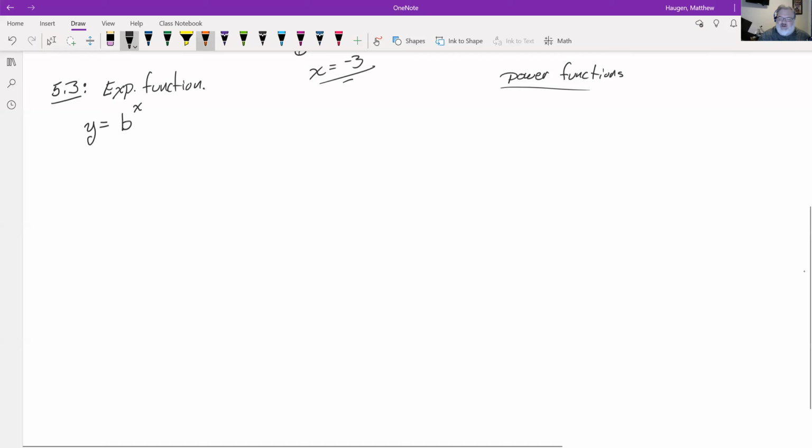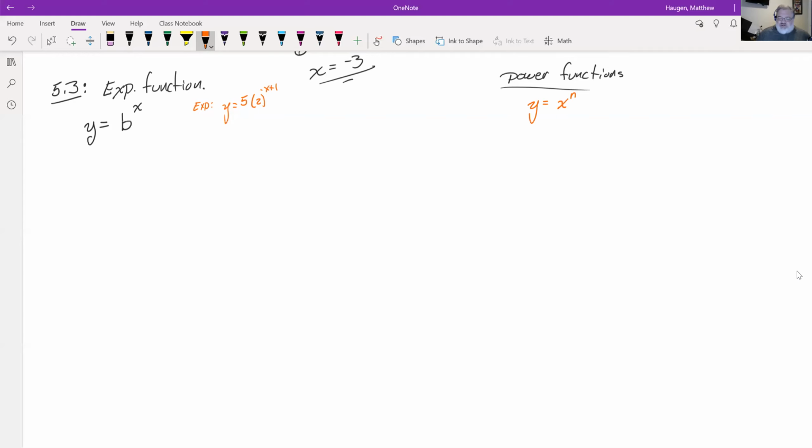As an example, you might have y equals 5 times 2 to the negative x plus 1. That's still an exponential function, just one that has some transformations on it. Power functions were functions of the form x to the n, where again we could have a multiplied by it or add things to it.